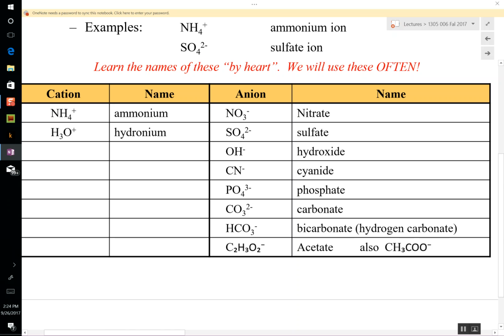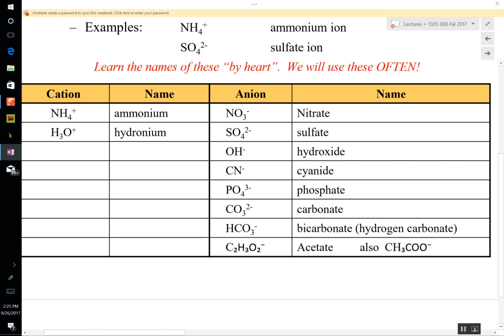You need to know all three of those things: its name, the correct formula for nitrate, NO3, and the correct charge on it. Whenever you see a nitrate, that's what you're looking at. It's always going to be a -1 charge. These are well behaved.